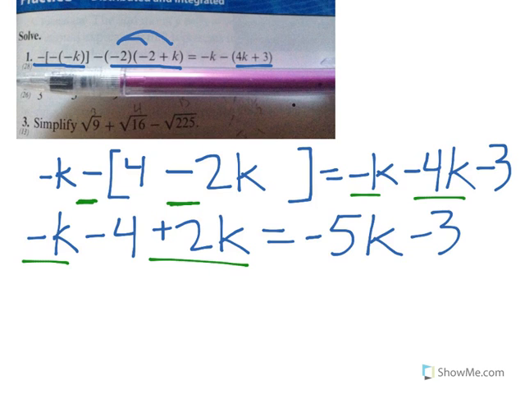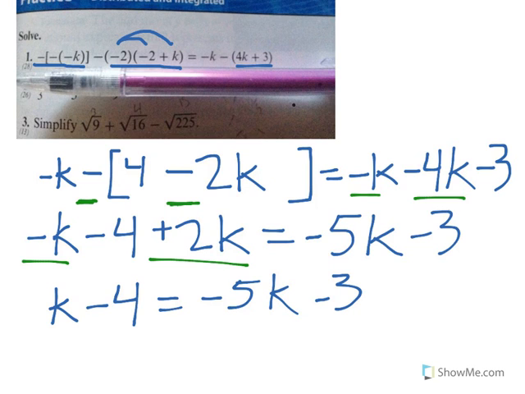So I got minus k plus 2k. So that's going to be positive 1k. So just k minus 4 is the left, and negative 5k minus 3 is the right.